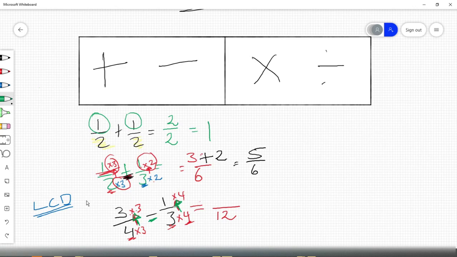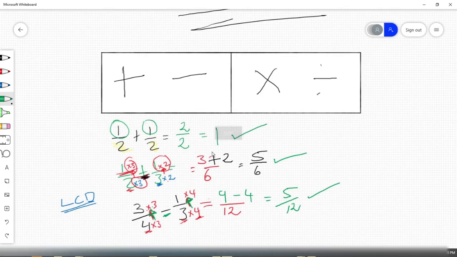So 3 times 3 is 9, minus 1 times 4, which is 4. And the answer is 5/12. And that is how you deal with a plus and a minus.